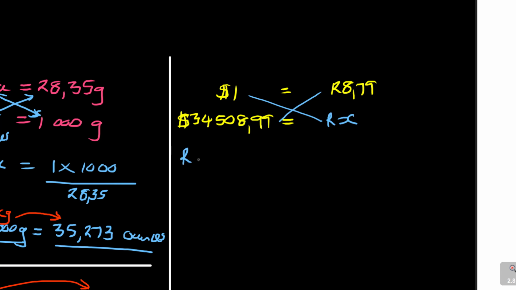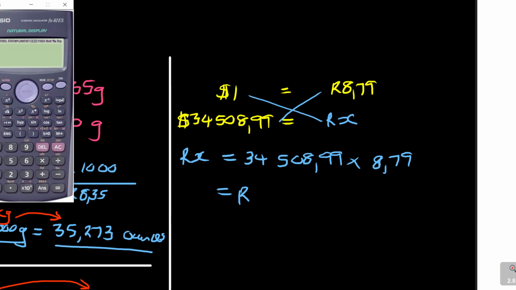So the rand value X is equal to 34,508.99 multiplied by 8.79. Then we'll find out how much it costs in rand.